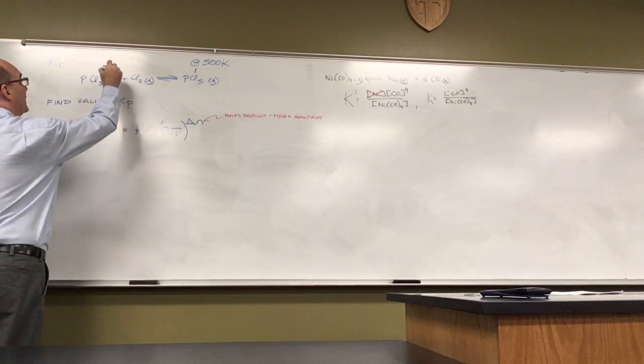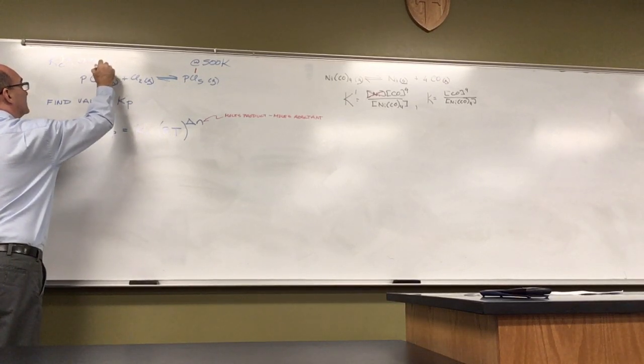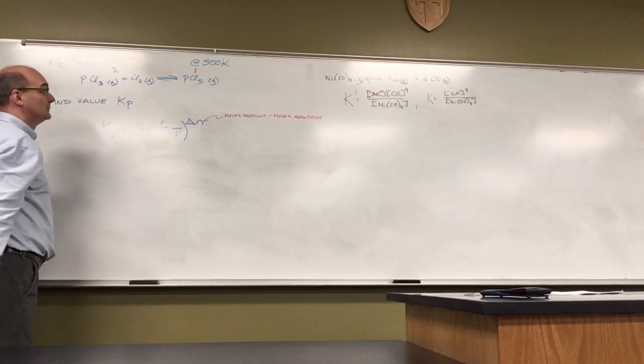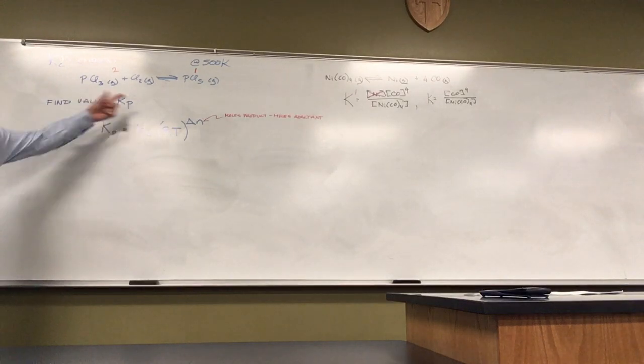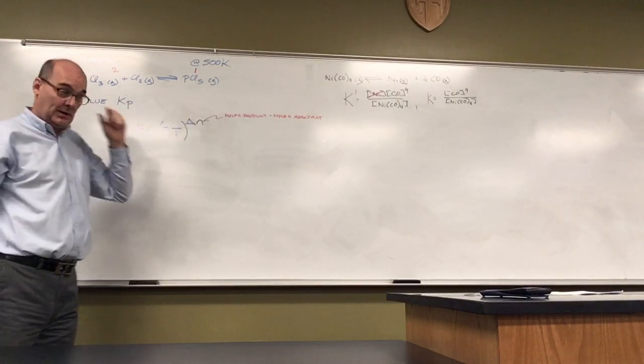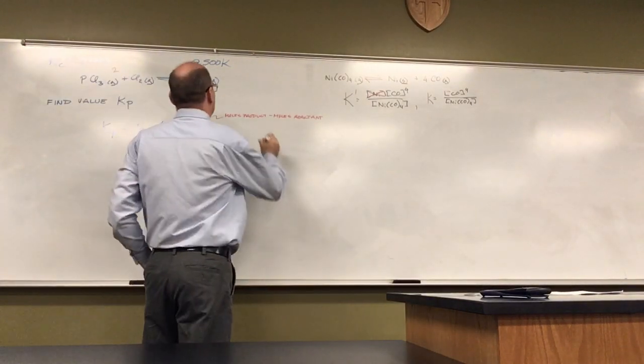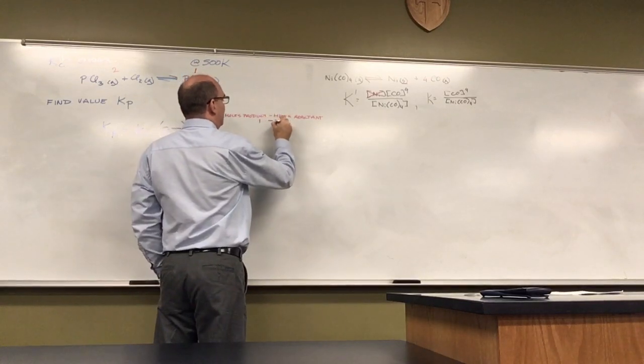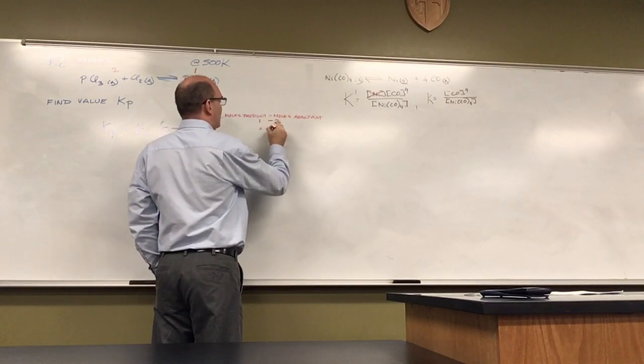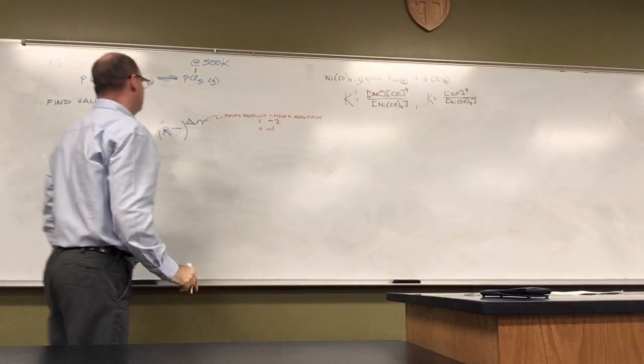Number of moles of reactant is 2. I have 2 reactants and 1 product. So that is 1 minus 2, which equals minus 1.